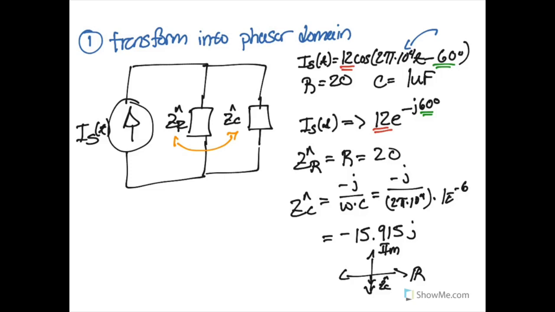If we wanted, we could combine them to get a total impedance of the circuit, but that is not useful for this particular circuit because we want our current through the capacitor. And as a final change, just for the sake of completeness, let's replace this with our phasor for our current supply.